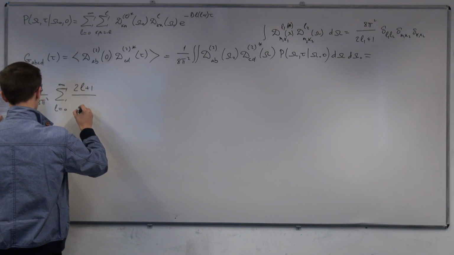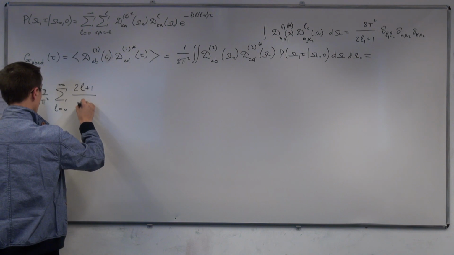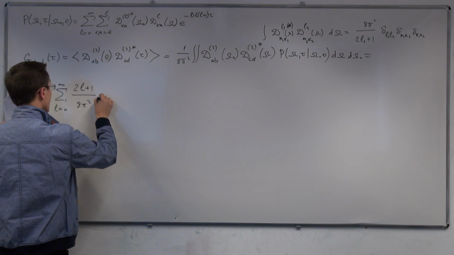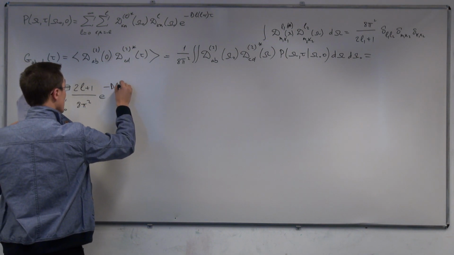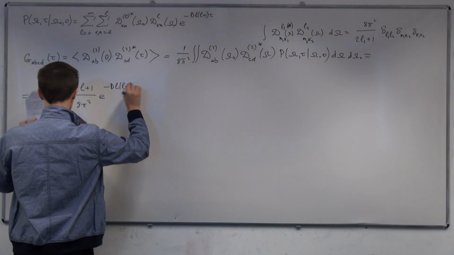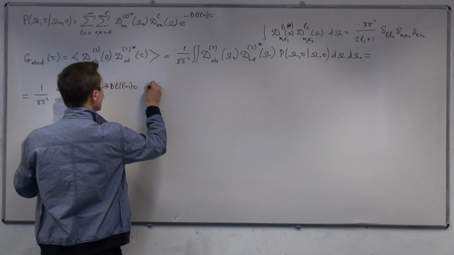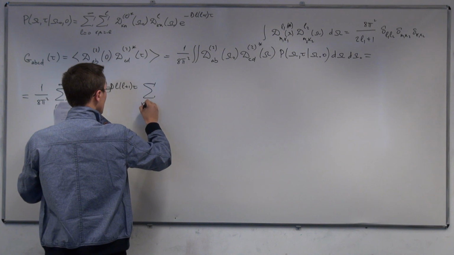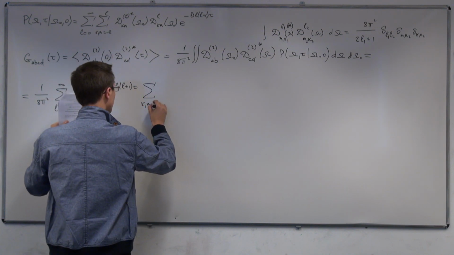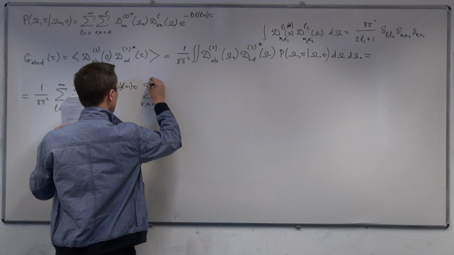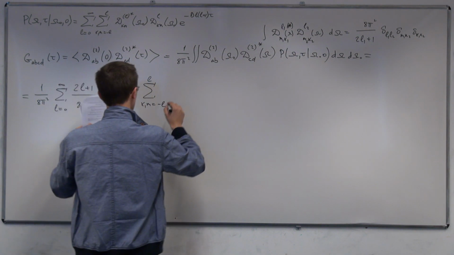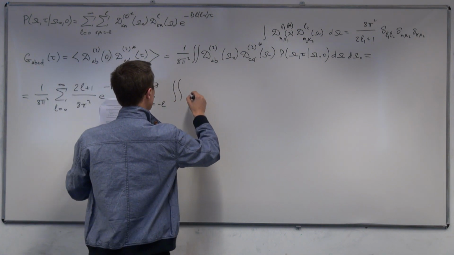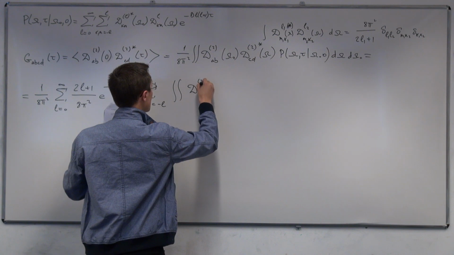So (2L+1)/(8π²), then e^(−D L(L+1) τ), then a sum over K and M from −L to L, and now the double integral d^2_AB of Ω0, then d^2*_CD of Ω, then d^L*_KM of Ω0, and then d^L_KM of Ω, dΩ0 dΩ.